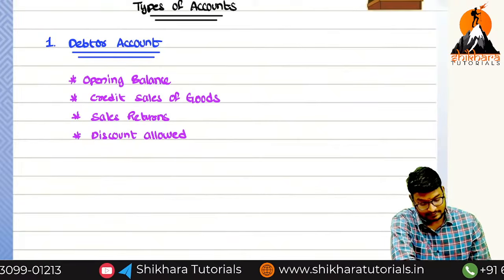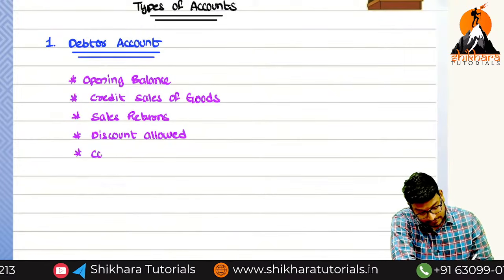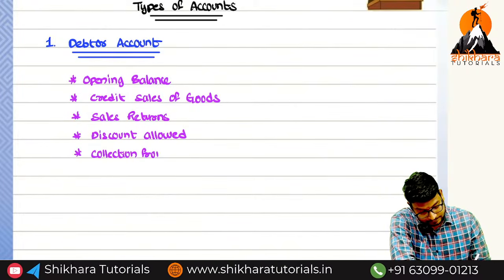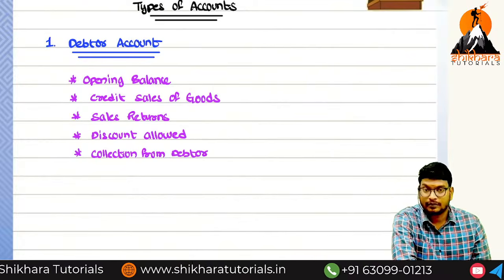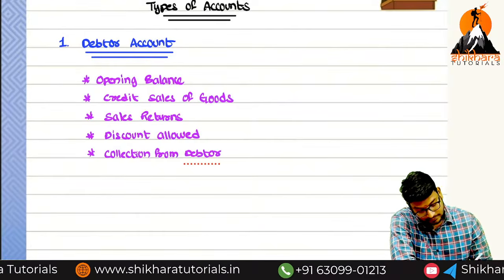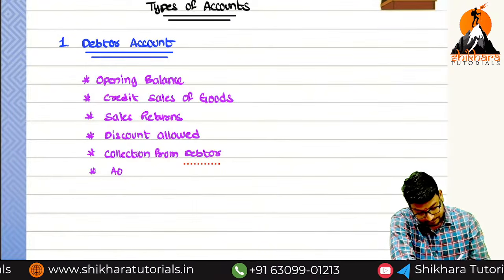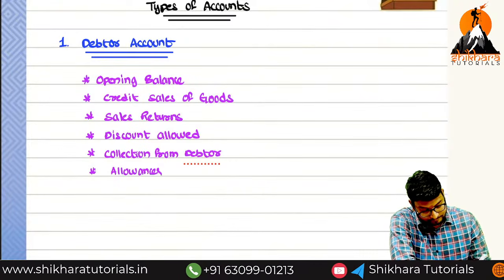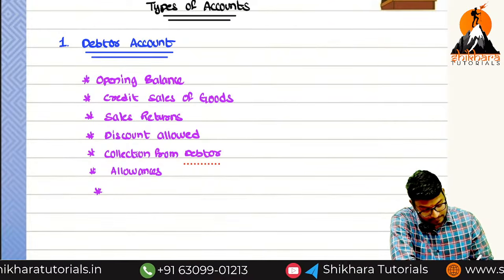Sales returns, discount allowed. And next, collection from debtor. Next, we have a certain word called allowances. And next we have the closing balance.